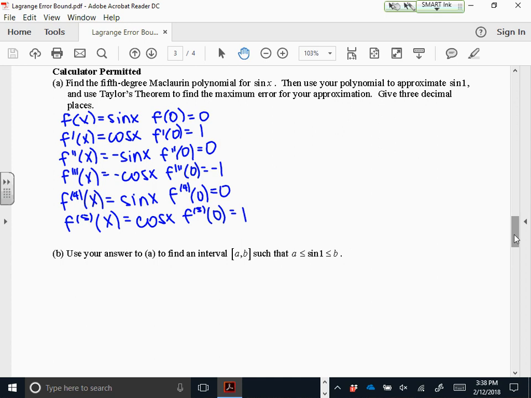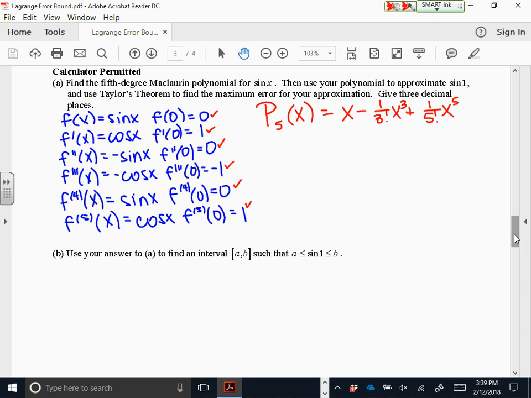Okay, our fifth degree polynomial, and I'm going to call it P sub 5, P for polynomial, 5 for that fifth degree, of x is going to be 0 plus 1x plus 0 minus 1 over 3 factorial x cubed plus 0 plus 1 over 5 factorial x to the fifth.